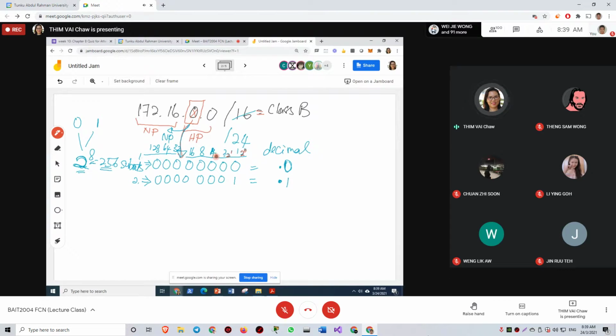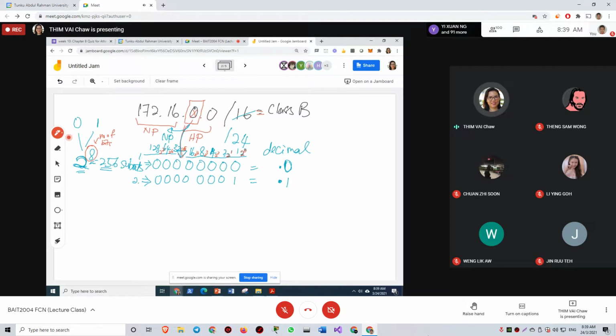And this is 2 powered by 2, 2 powered by 3, 2 powered by 4, 2 powered by 5, 2 powered by 6, and 2 powered by 7. Remember, this is the number of bits I borrow, and this one is the position value to convert your binary to decimal.